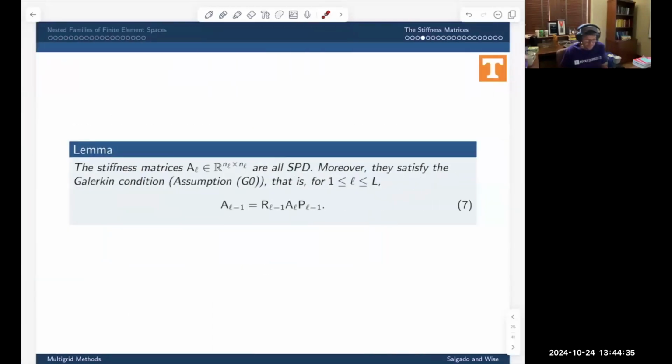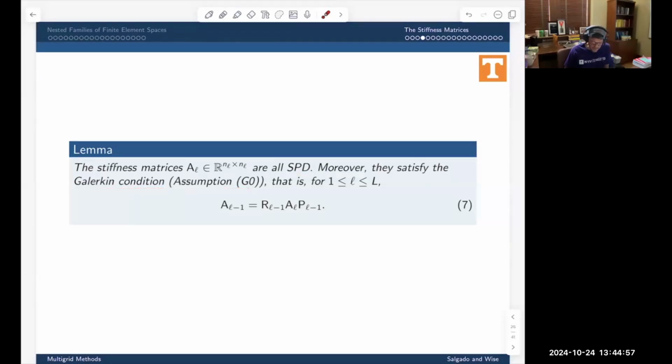Okay, so we need the Poincare inequality. And that's going to allow us to prove a couple of things. First of all, the stiffness matrices that we just created are all going to be symmetric positive definite. Moreover, they're going to satisfy the Galerkin condition, assumption G0.